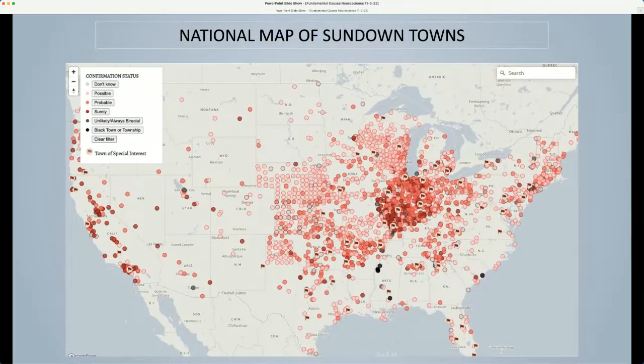thereby foreclosing job opportunities in those communities. The rise of sundown towns also made it difficult and dangerous for blacks to travel long distances by car.